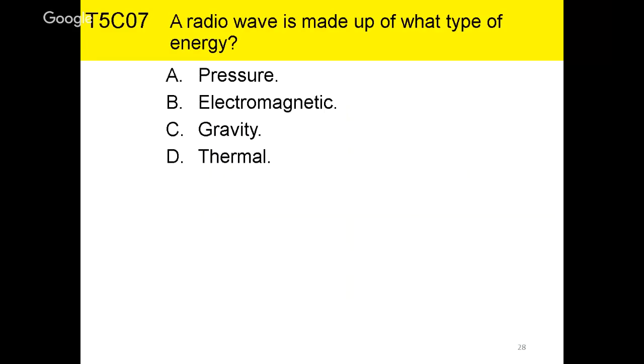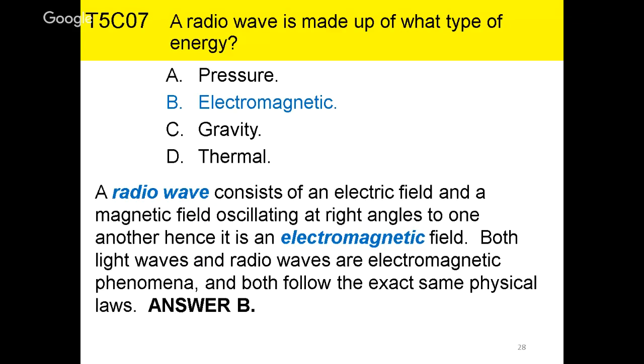Now we're going to get into some tech frequencies, and I guess sometimes these are a little bit more problematic, but some of these are just kind of basics for you. A radio wave is made up of what type of energy? And I think we beat this one to death pretty good. It's an electromagnetic field, made up by an electric field and a magnetic field, and they are perpendicular to one another.